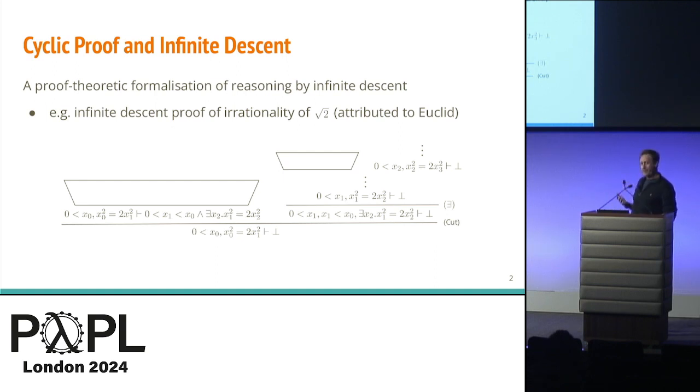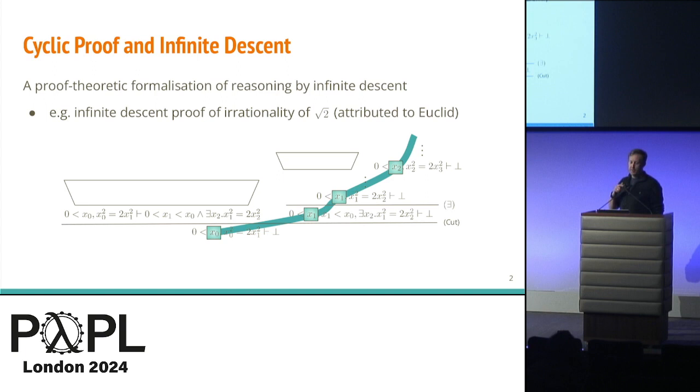In order to justify that the statement that it derives at the root is a valid logical inference, we can do a proof by contradiction. Assuming for contradiction that it's not valid, this would entail that there is an infinite sequence of natural numbers, represented by variables, that we can trace through an infinite path in this proof, such that at infinitely many points in this proof there is a strict decrease.